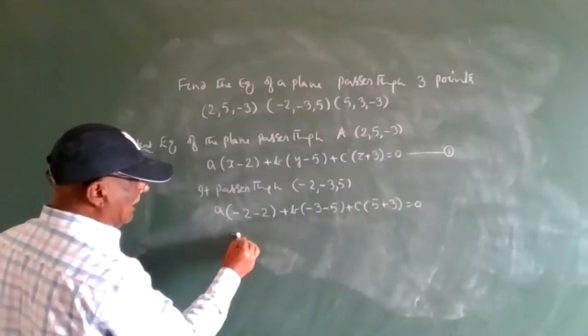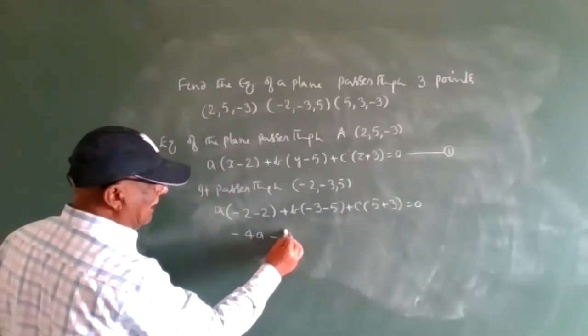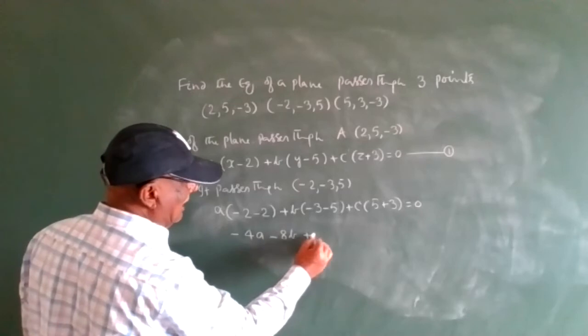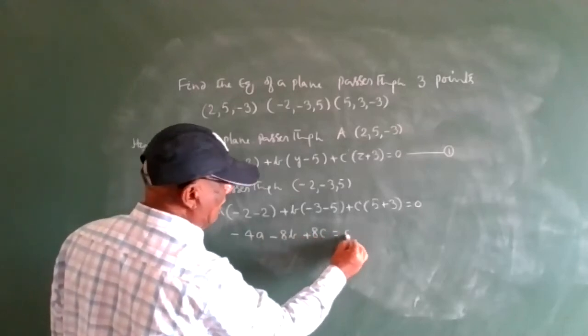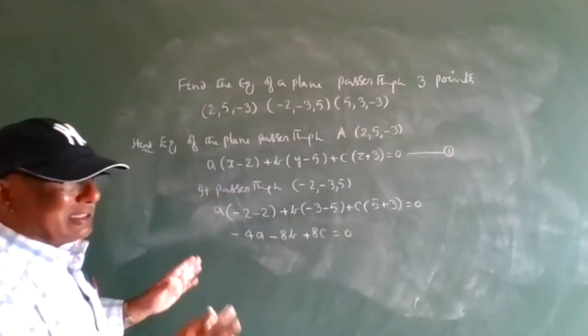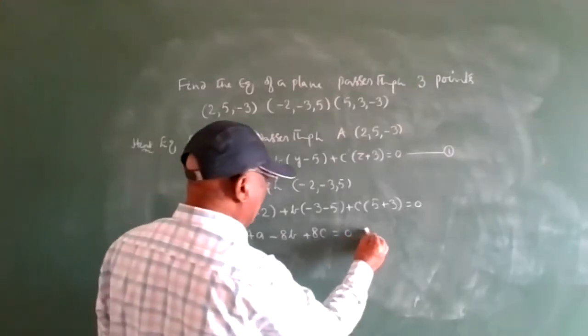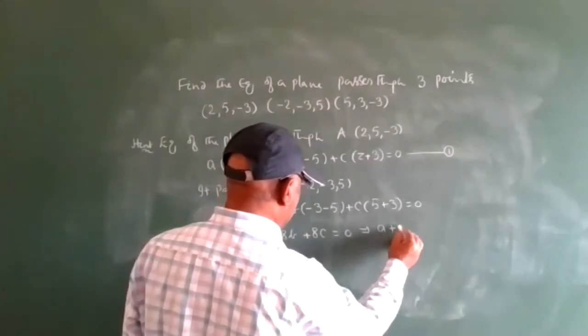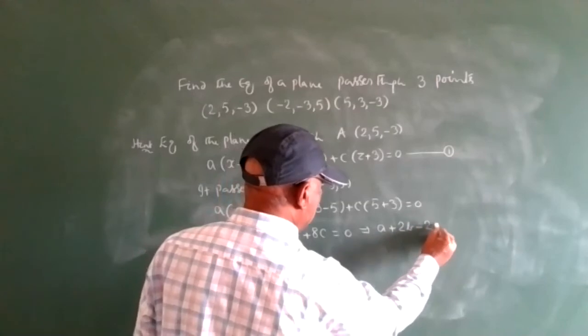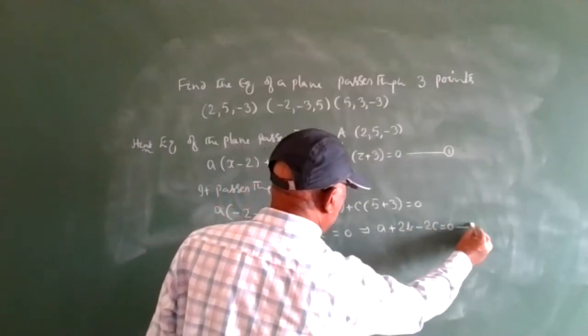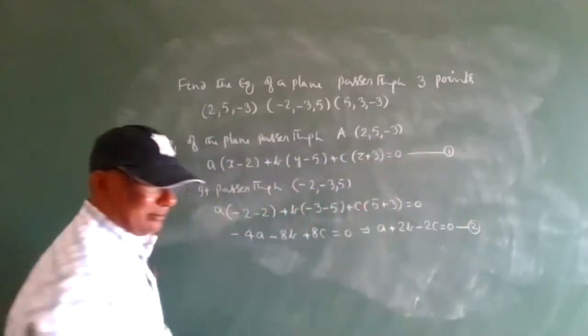Simplify: minus 4a minus 8b plus 8c is equal to 0. Cancelling the minus 4, therefore a plus 2b minus 2c is equal to 0. Let it be the second equation.